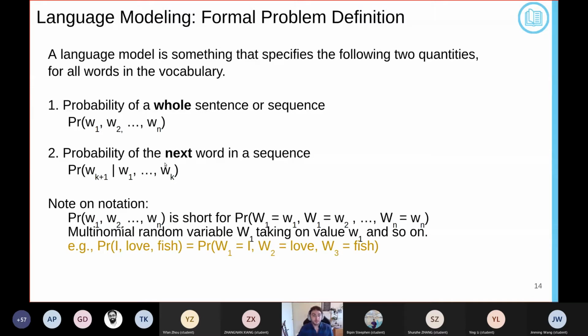So this is formally expressed as this. A sentence is a sequence of words, and the probability of the next word is given by the probability of the word k plus 1, following that word, given this sequence of words, word 1 to k.